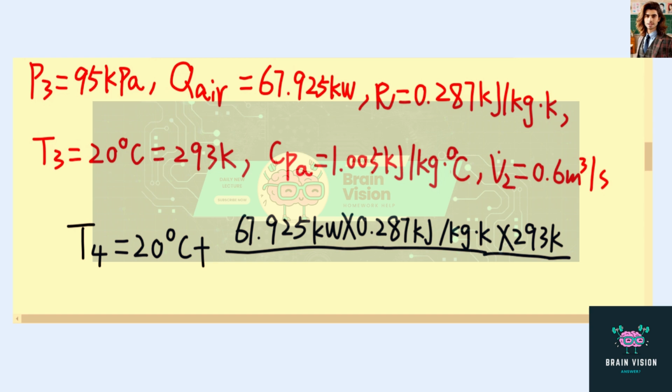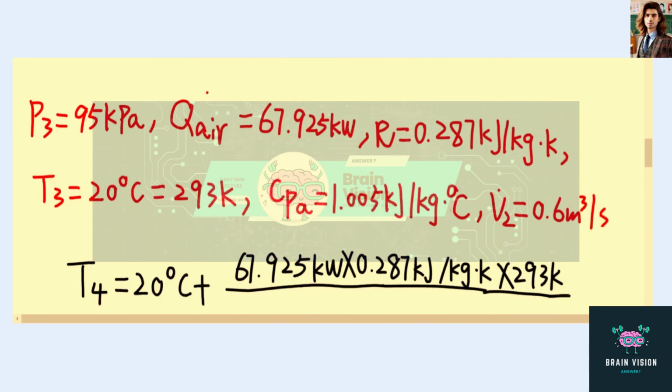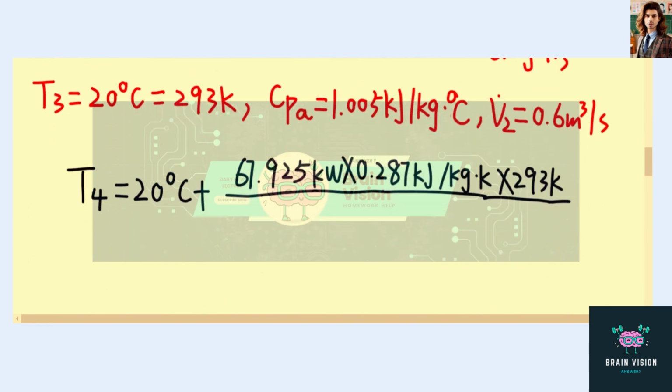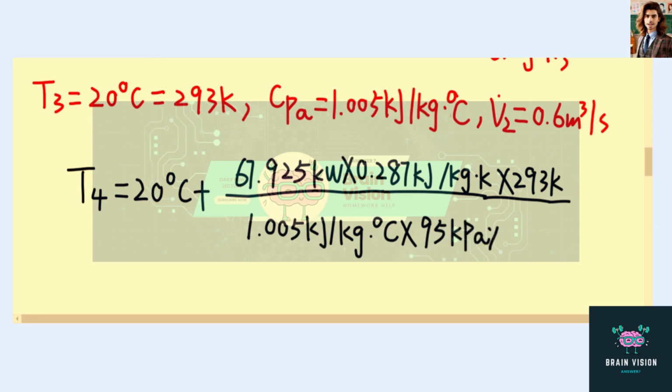And then this whole thing is over Cpa P3 V2, which is 1.005 kilojoule per kilogram times degrees Celsius, and then times 95 kilopascal, and then times 0.6 meter cube per second.